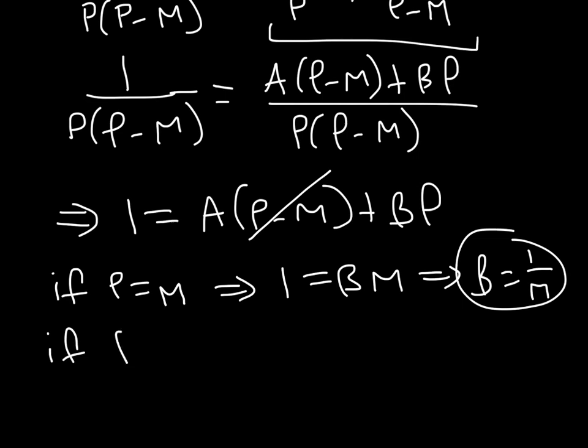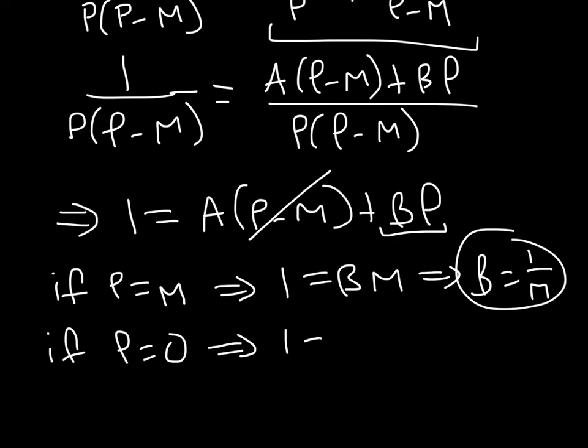Now, what if P is 0? Basically we want this quantity to be 0, and this quantity to be 0. So now if P is 0, then we obtain the following.